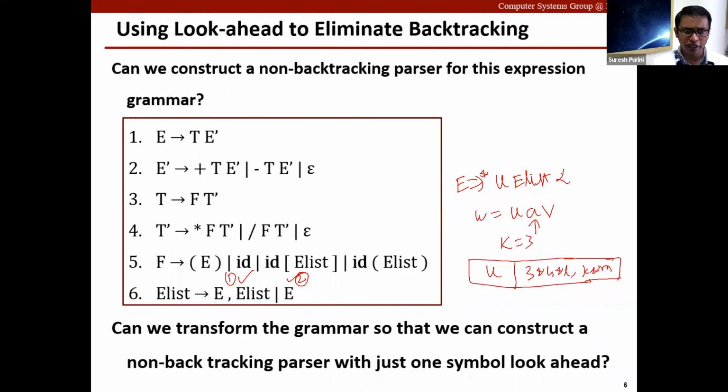But on the contrary, these three rules are relatively easy to handle. You can just have two lookahead symbols and be able to say I can go ahead and use either the simple ID substitution rule, or the array access substitution rule, or the function call substitution.